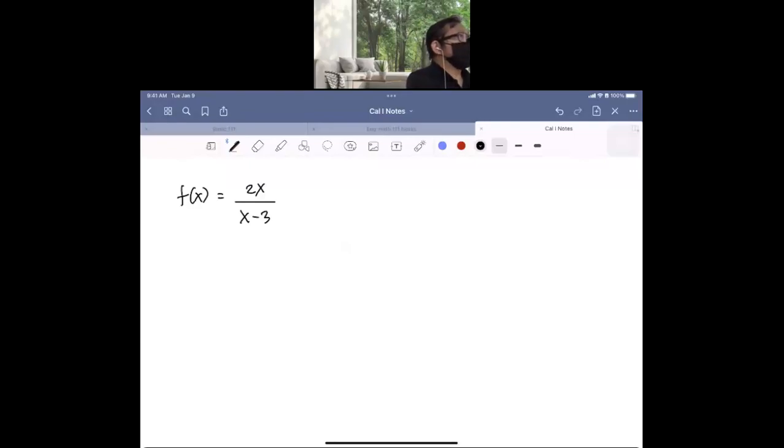The domain is supposed to be x not equal to 3, so that the denominator is not 0, right? Because if it's 0, it's undefined. So we can make some assumption that probably we have an asymptote. Now the way to confirm is maybe checking some numbers.